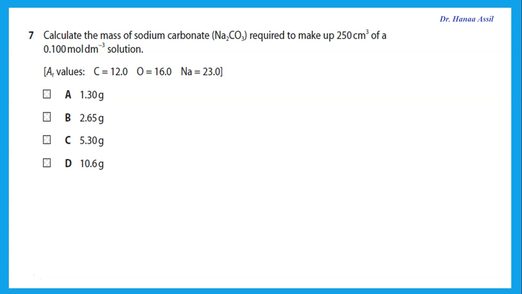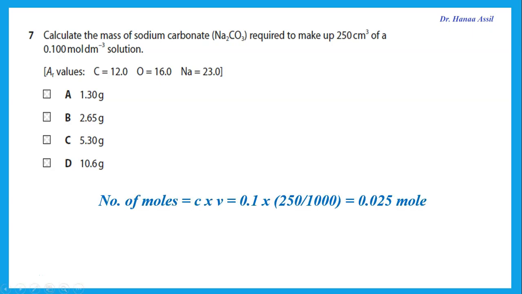Calculate the mass of sodium carbonate required to make up 250 centimeter cubed of 0.1 mole per decimeter cubed solution. So we want mass, that means we need to get the number of moles. Number of moles here, this is a solution, concentration times volume. Do not forget to divide the volume by 1000 to change it to decimeter cubed.